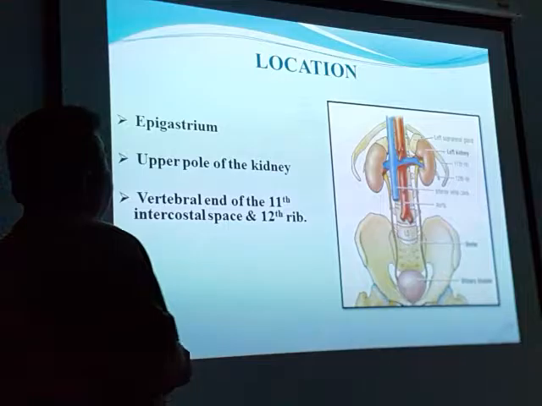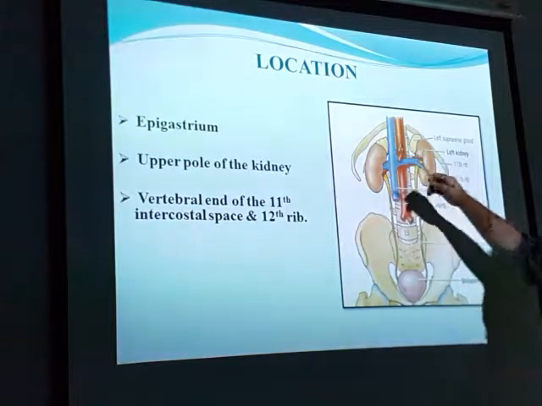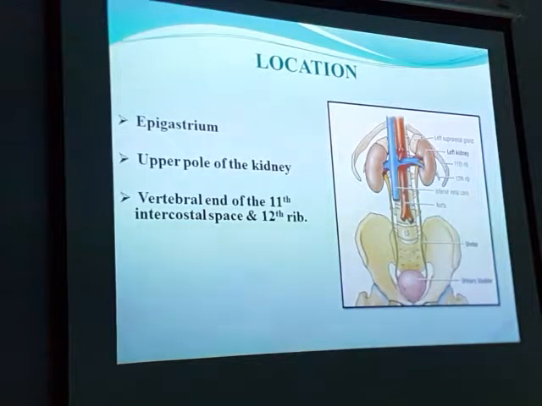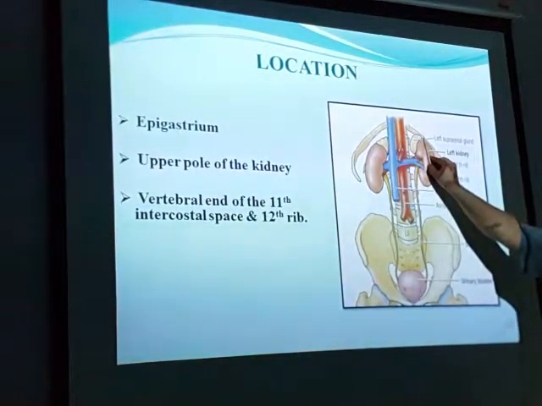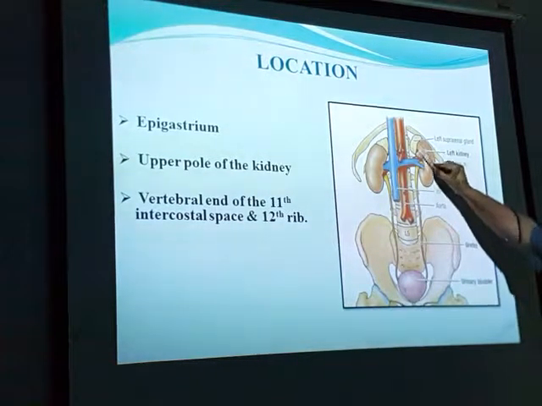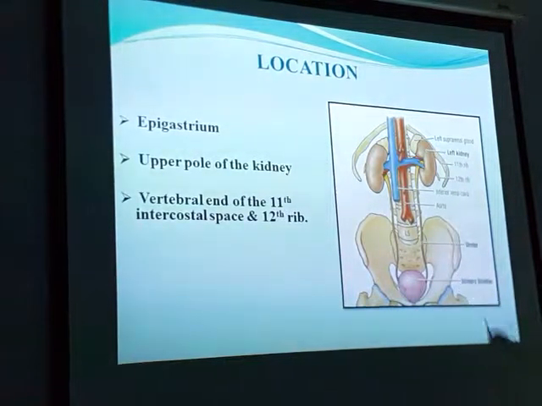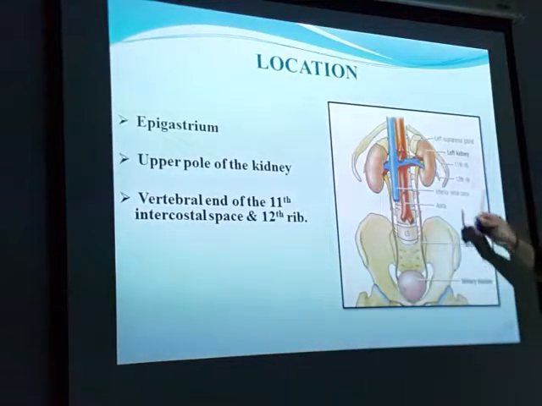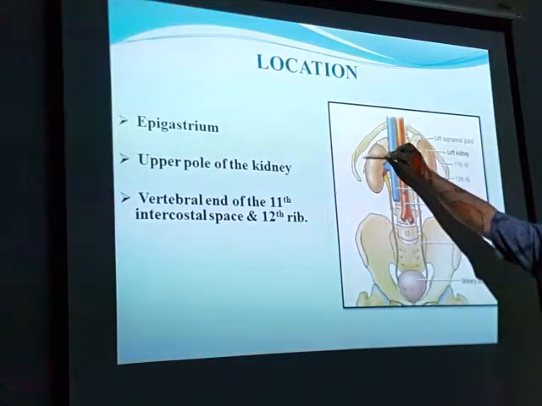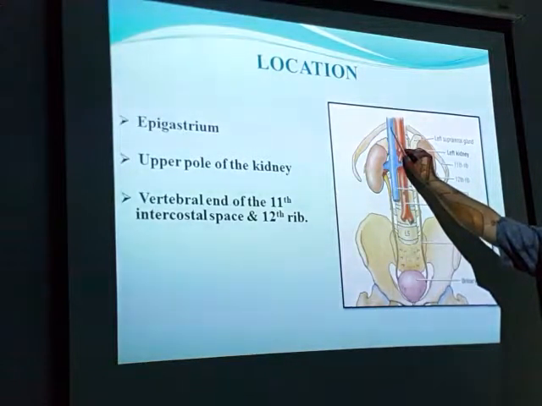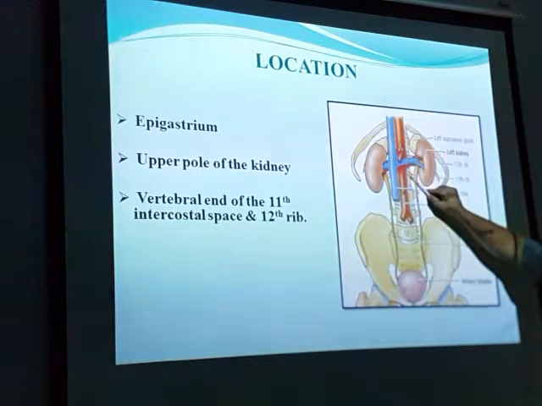Next is the location, where exactly it is situated. The abdomen is divided into nine regions, and the central upper part is the epigastrium. The gland lies at the upper pole of both kidneys, right and left, and at the vertebral end of the 11th intercostal space, between the 11th and 12th ribs.